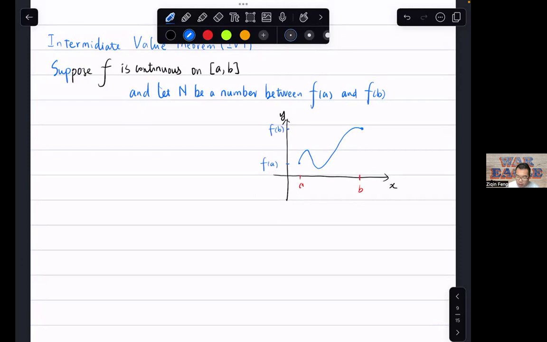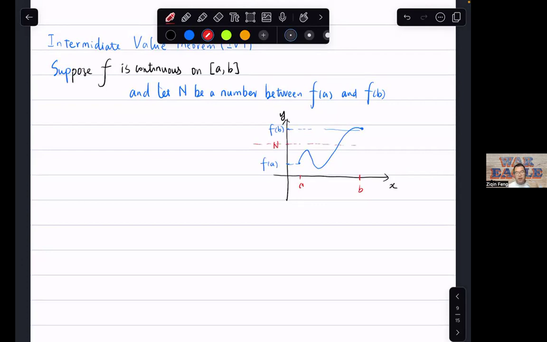Then we choose an arbitrary point in between them, between f of A and f of B, and call that N. Then you draw a horizontal line whose y value is equal to N.